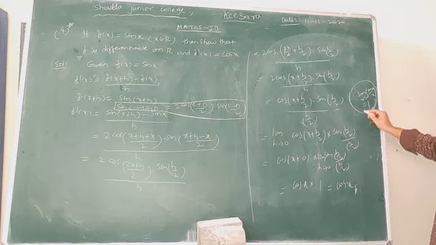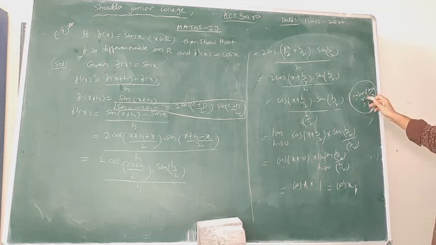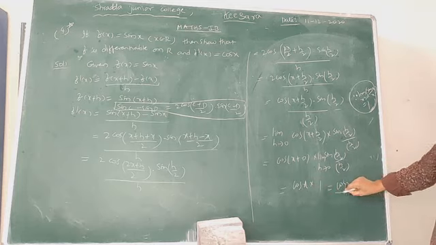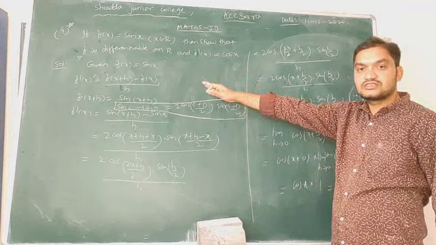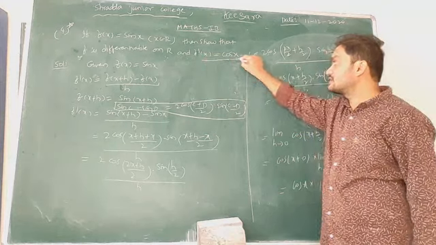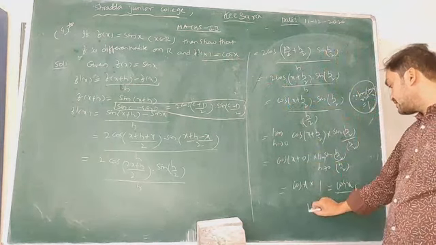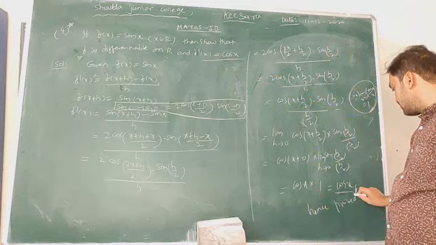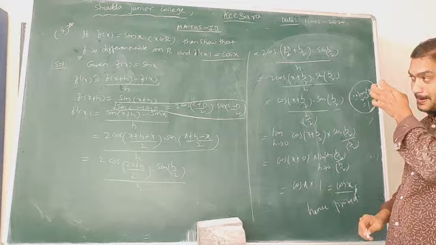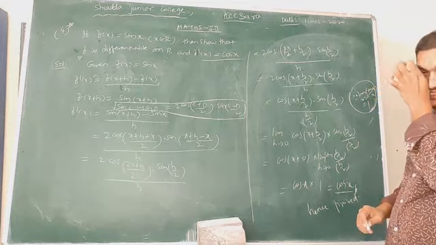This is in which form? Limit x tends to 0 of sin x by x is nothing but 1. Cos x into 1, what we are getting is cos x. Means f of x equals sin x, and f dash of x is cos x. Hence true. Okay. Let's see the next one.